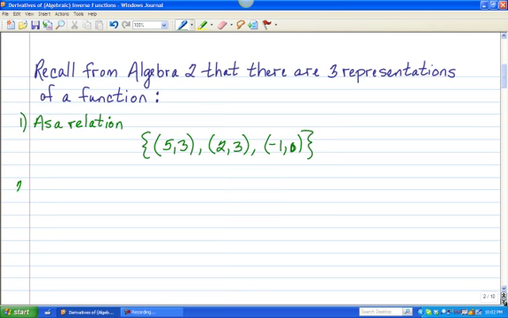Second representation would be that as a graph. And perhaps you remember a test that you learned to see if a graph is that of a function, the vertical line test.